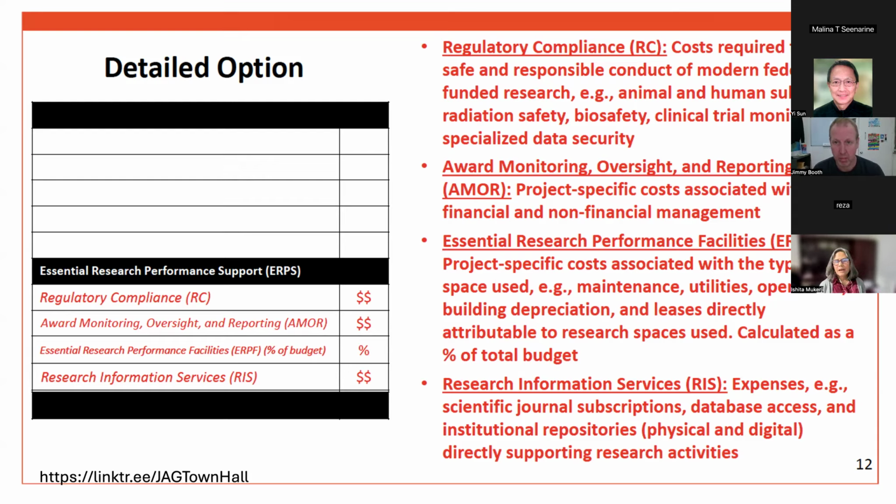So maintenance, utilities, operations, building depreciation, leases. These are all things that are already included when we figure out that IDC rate, but now they would be calculated as a percent of the budget that you submit. And then research information services, as I mentioned, would be like journal subscription, the library things, database access, institutional repositories, and things like that. So that's the FAIR model.